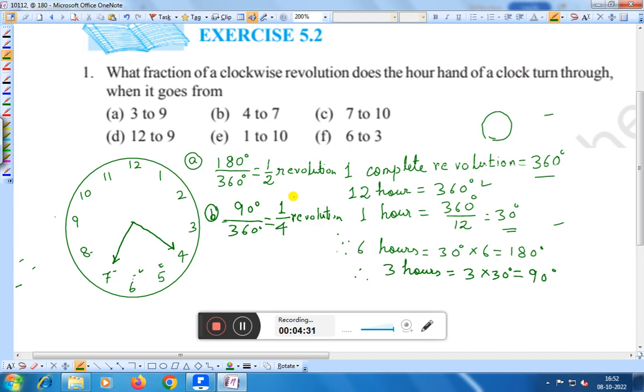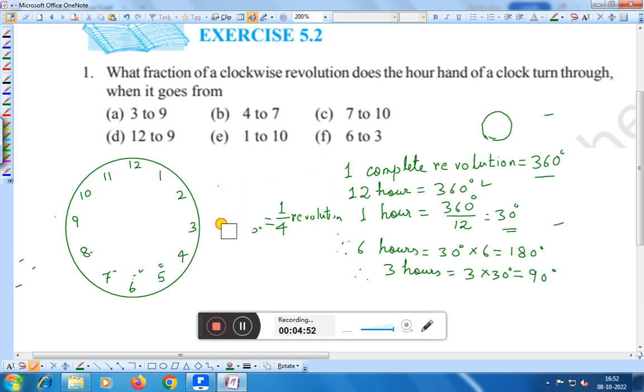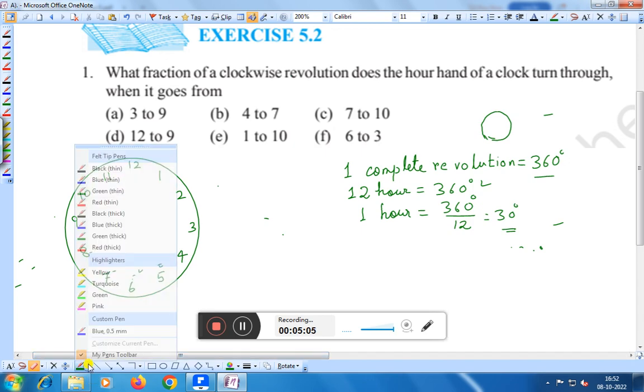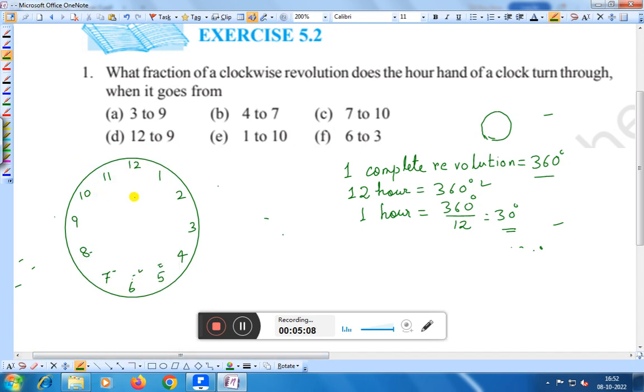Now question number C, 7 to 10. A and B we have got, right? Now we'll treat question number C. Here, this is the center of the clock.